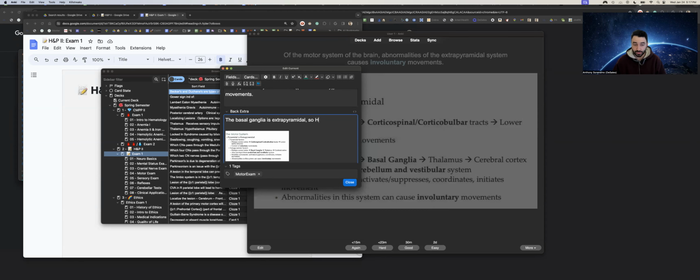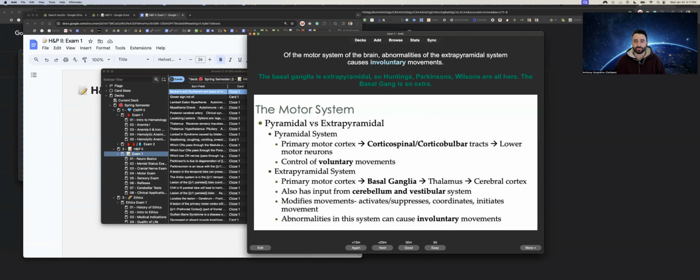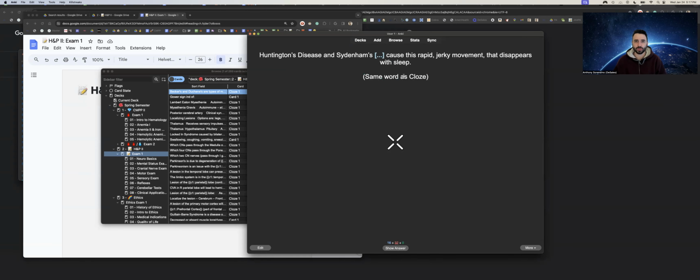So Parkinson's lives there, Huntington's lives there, Wilson's is there with the wing flapping. They are all extrapyramidal. The basal ganglia are very extra. Involuntary. I'm going to give myself that one.